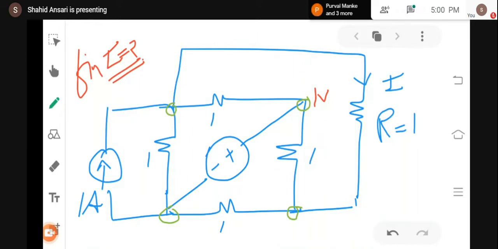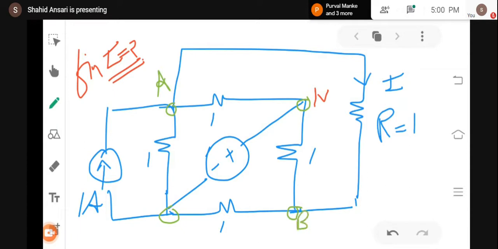Okay. The value of this node, 1 volt, is already given to you. So no need to mark it VP or VC. You already know the value of the voltage across this particular node is 1 volt. So you can mark it A. So the voltage across this will be VA.